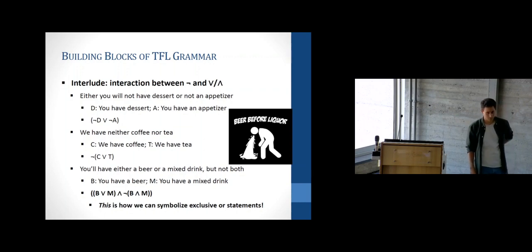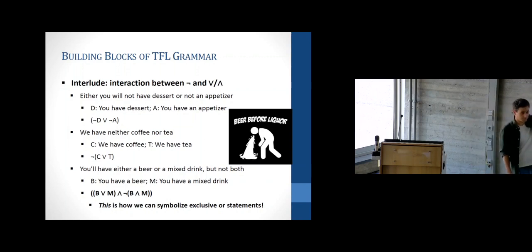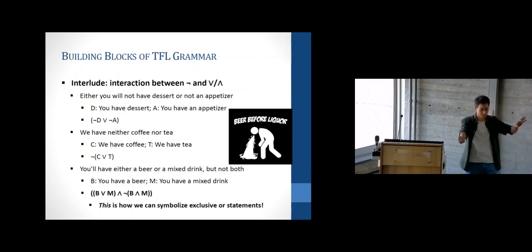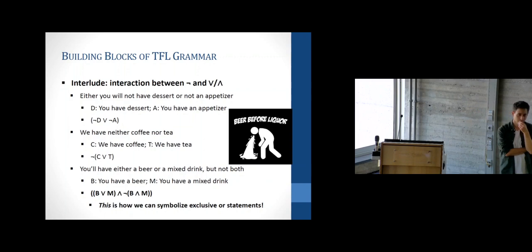Yeah, so it is a way, but in the first sentence, if we read the or as an inclusive or, it's still possible that you will have neither. You will not have a dessert and you will not have an apple. So this is why it's an inclusive or. Isn't it in the last sentence also possible to have neither?